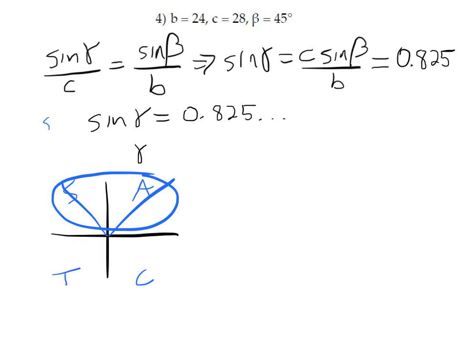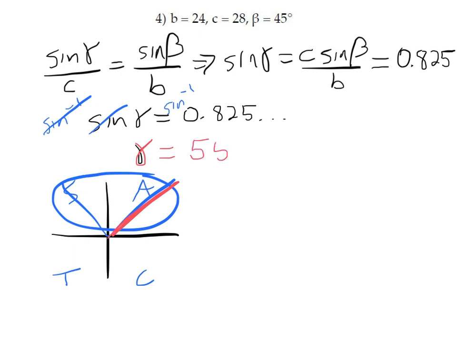When we take arc sine, which might be written arc sine, that gives us the first quadrant angle. It gives us this one. Specifically, gamma equals 55.58 or 55.6 degrees.